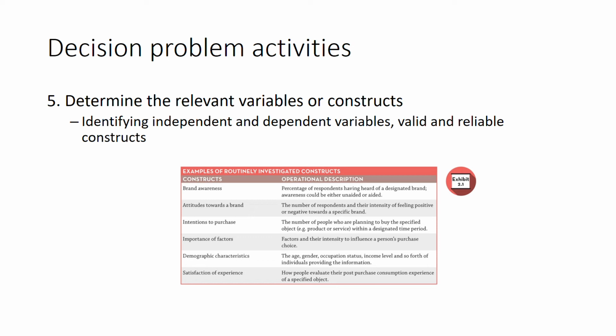So there are nearly an infinite number of constructs that can be measured. It is the literature review and academic literature is extremely useful in terms of identifying these constructs, and in particular how these constructs can be measured, particularly in quantitative ways.